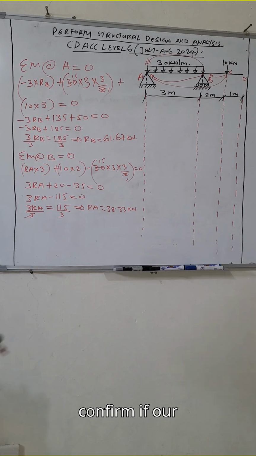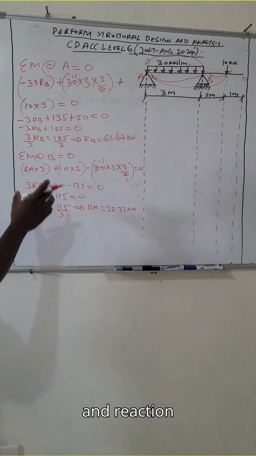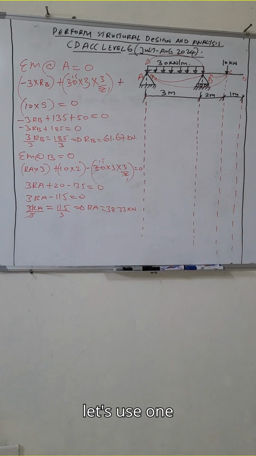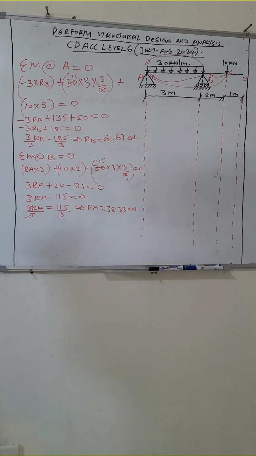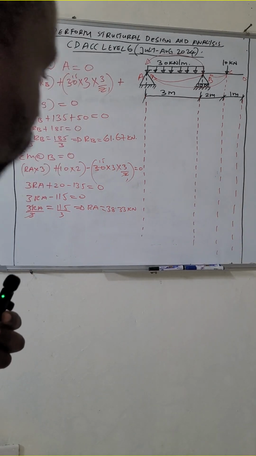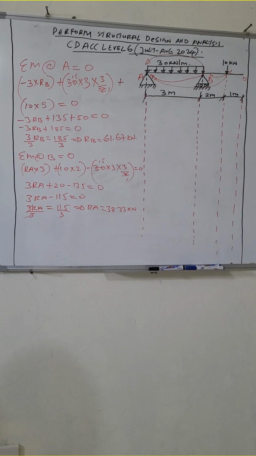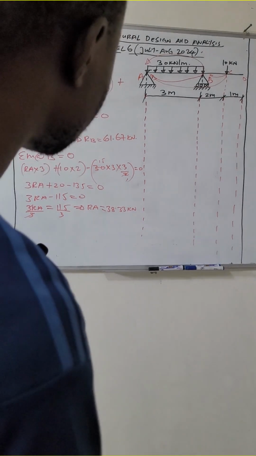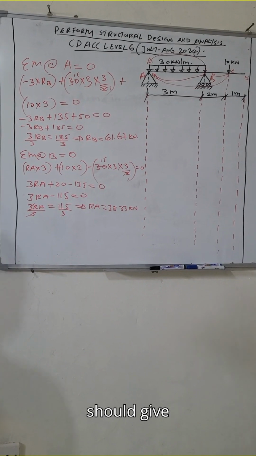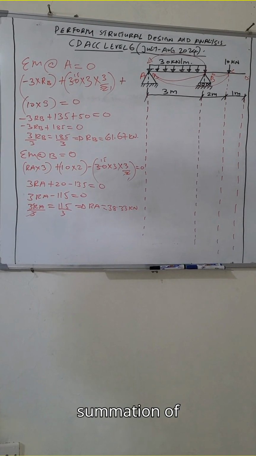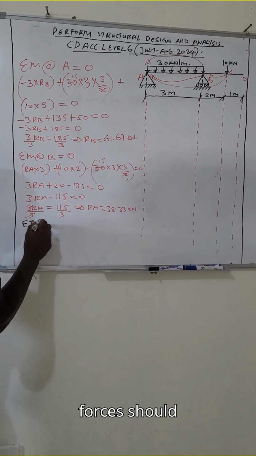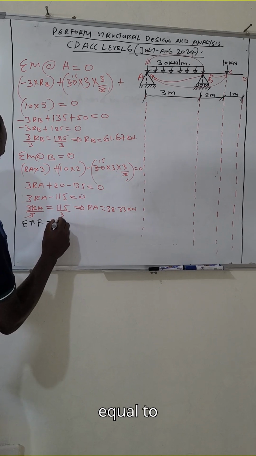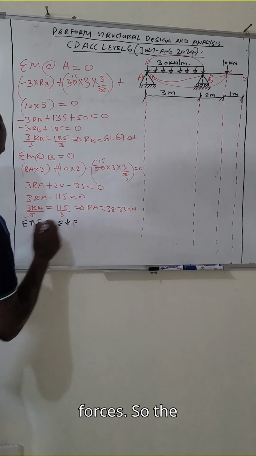So for us to confirm if our reaction at A and the reaction at B are correct, let's use one of the equilibrium equations, which says that summation of vertical forces should give you 0, or summation of upward forces should be equal to summation of downward forces.